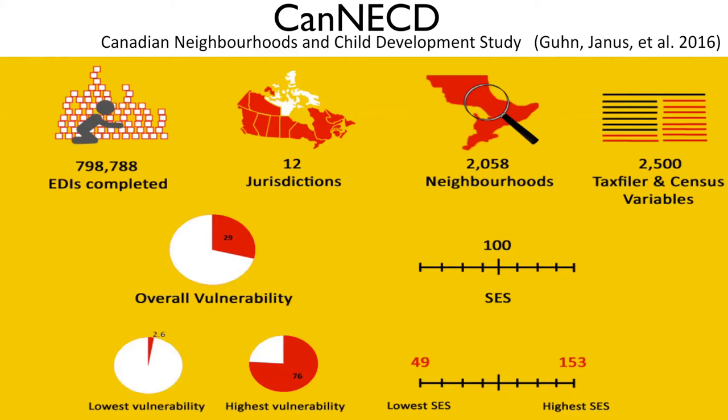So a few years back, Martin and I, in work that was led by Clyde, who unfortunately passed away in the first year of the project, set out to harmonize the EDI data from various jurisdictions in order to come up with definitions of neighborhoods that would be comparable across provinces, and also so that we would be able to add sociodemographic data available for the population, from tax filers and from census.